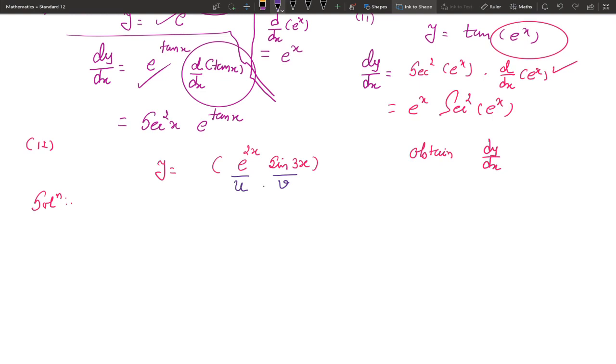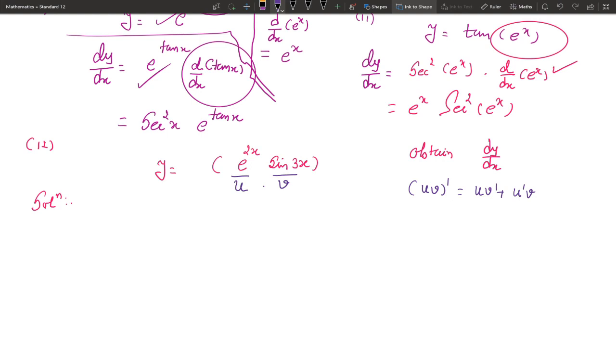You recall (uv)' is u into v prime plus u prime into v. That is, first into derivative of second plus second into derivative of first, product rule. And when we differentiate u and v individually, at that time one has to use chain rule.